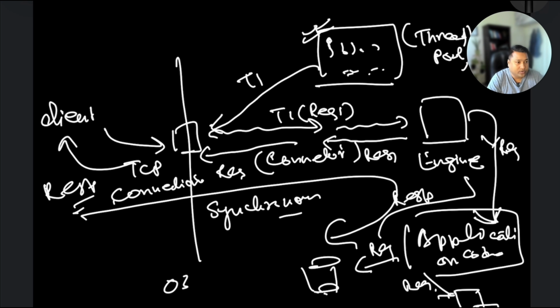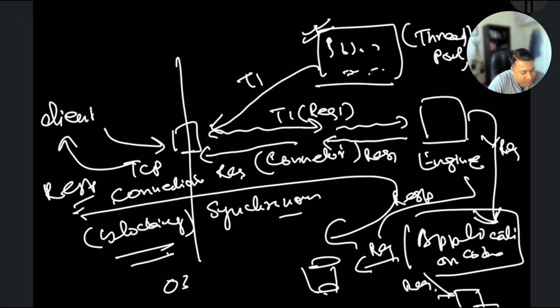When I say it's blocking in nature, that's one kind of limitation I personally feel with the implementation of Tomcat, because it's blocking in nature. Nowadays we have many things that are non-blocking in nature.